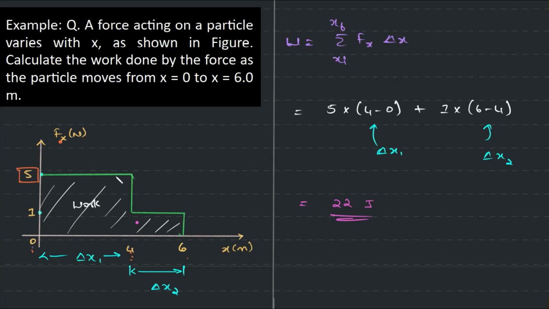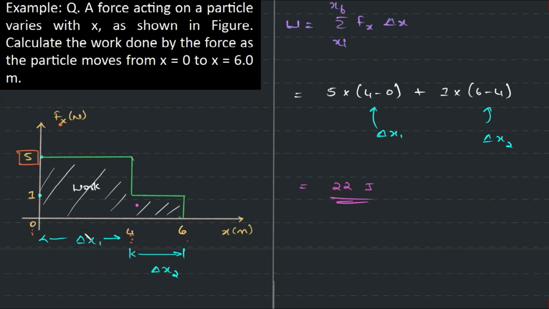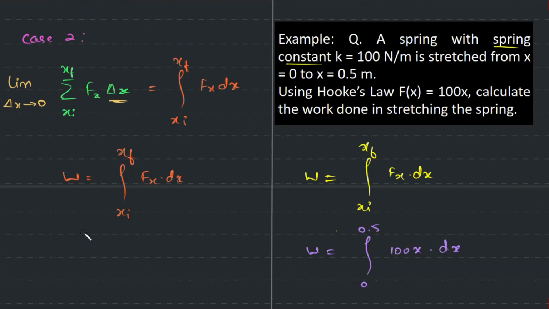All you have to do is divide the section into two parts. So I divided it into two parts: to the left is part 1 and to the right is part 2. Then I figured out each work and added them up. But it's not the only case.